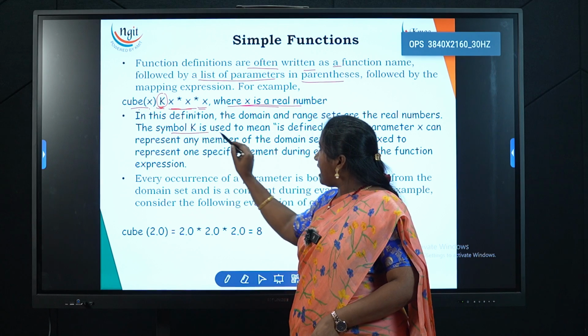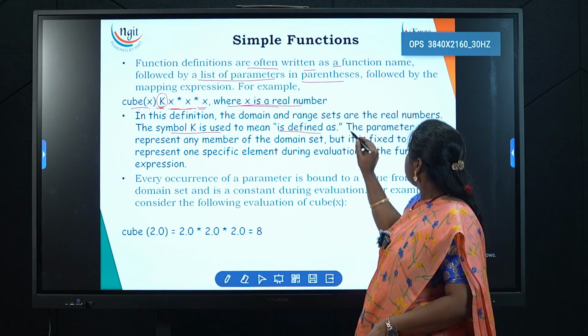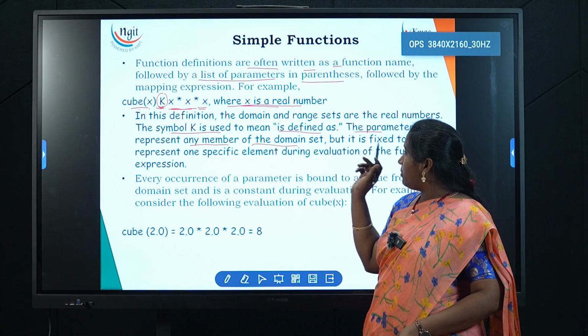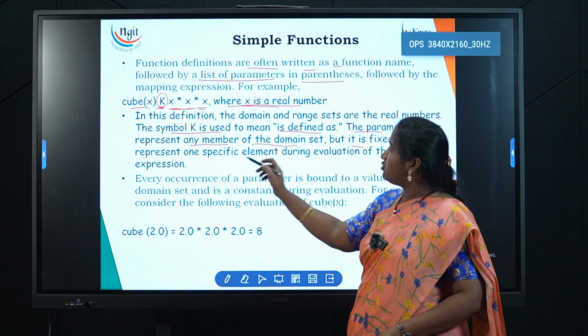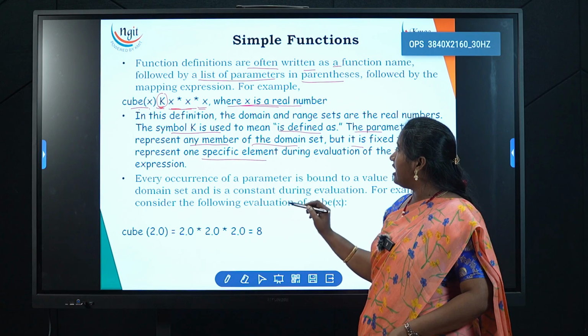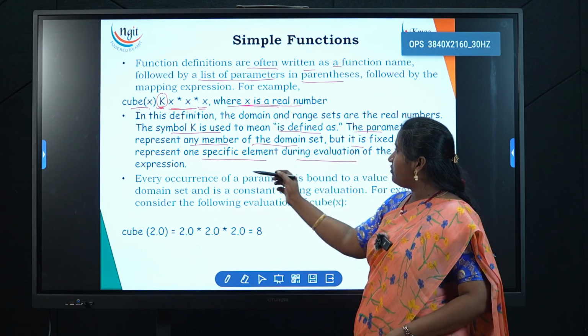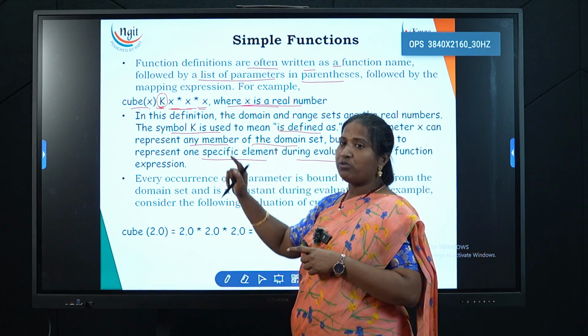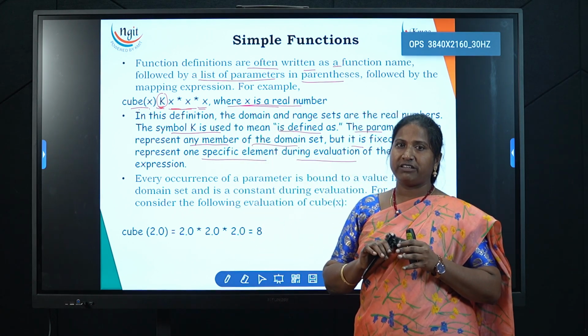Now the symbol is used to mean is defined as. The parameter x can represent any member of the domain set, but it is fixed to represent one specific element during evaluation of the function expression. So we do not have any kind of value over here, we only have an explicit declaration.